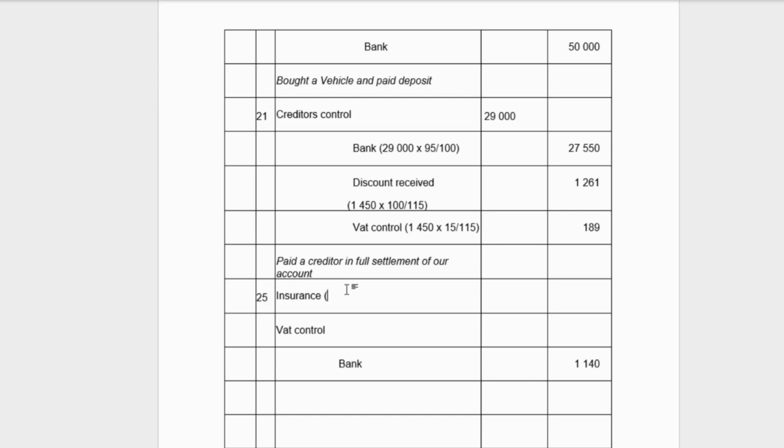Right? So which is going to be 1140, we multiply by 100, we divide by 115. Okay, and then we are also going to account for VAT control.